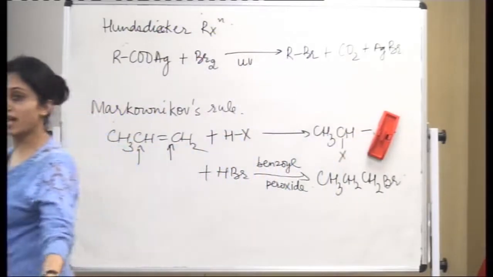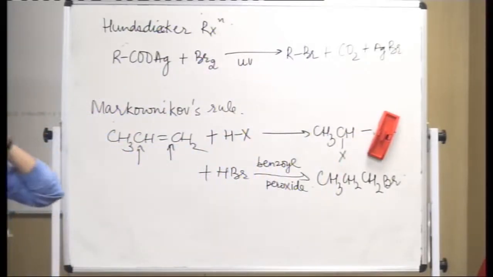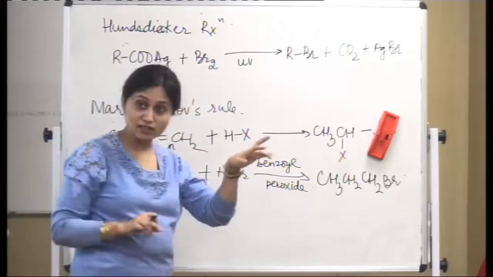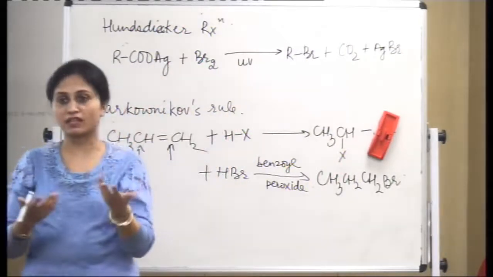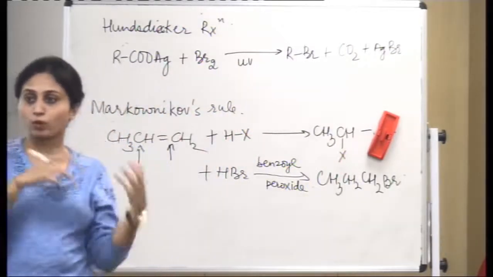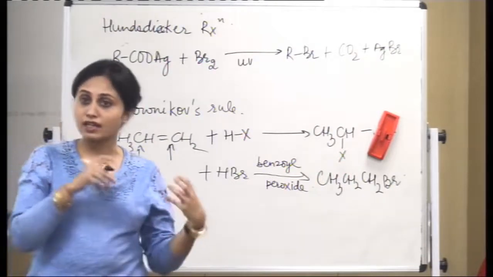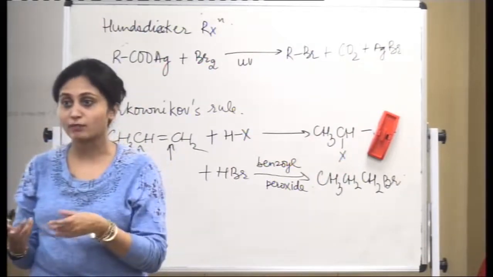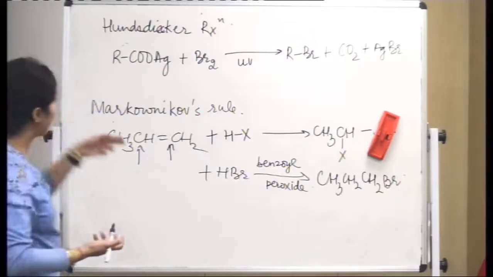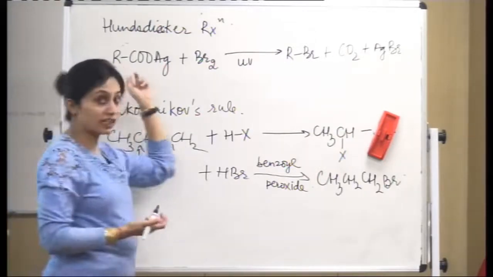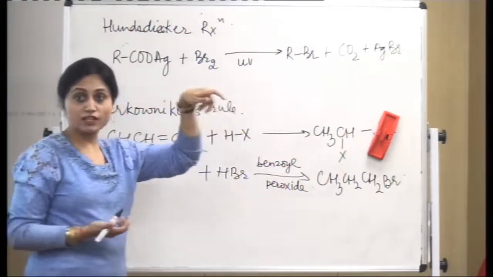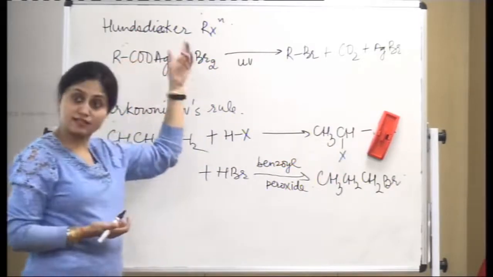What is the speciality of this reaction? This will be important for conversions. Conversions, all of them will help, because you know how to make an alkyl halide from an alcohol, or one haloalkane from another haloalkane, or from an alkane. Here, when you are making it from a carboxylic acid, first you take a carboxylic acid and add silver to it.